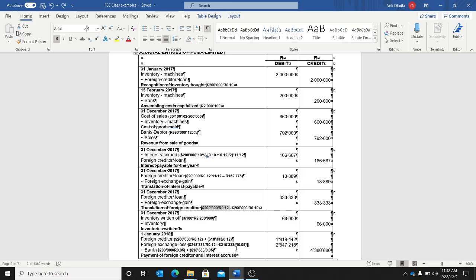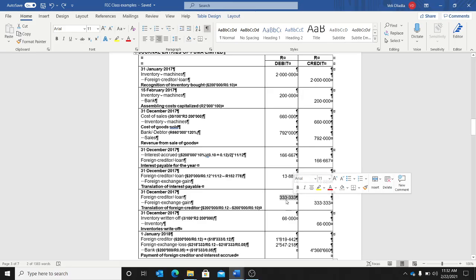If they say pay it now at 31 December 2017, pay the 200,000, you'll pay 1.666667 million. But when you raised it here, you are saying my creditor is 2 million. But if they say pay it by December here, you'll pay this much, which is less than 2 million. So you've gained. You'll see here, there's a gain of 300,000. Your creditor must be reduced by this much.